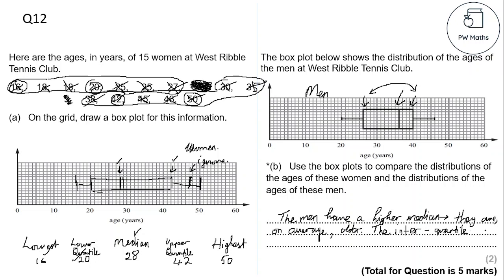And we're doing biggest take smallest, and the posh word for that is range. Please memorise. The interquartile range is bigger for, well, it looks to me like this box is 14 squares wide ish. This box is much more than 14 squares wide, so it looks like they've got a much bigger interquartile range. So the interquartile range is bigger for women.